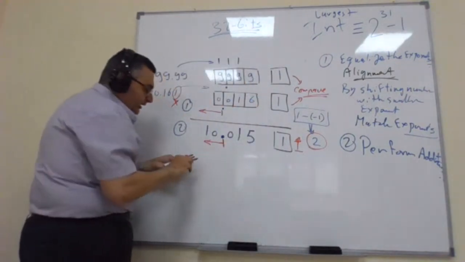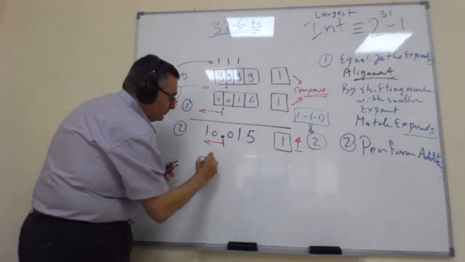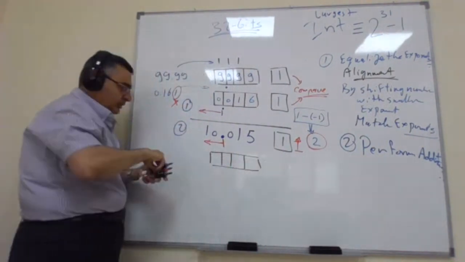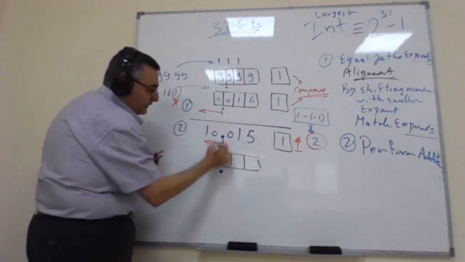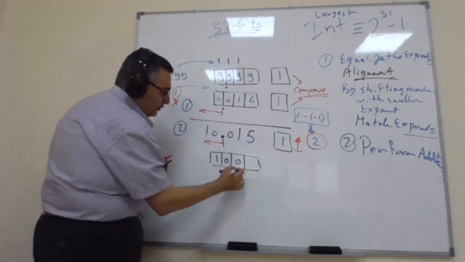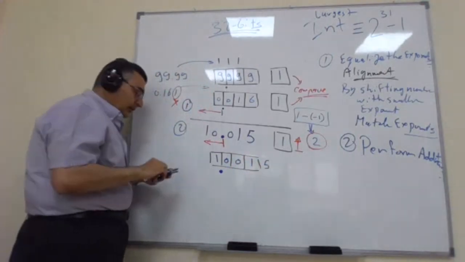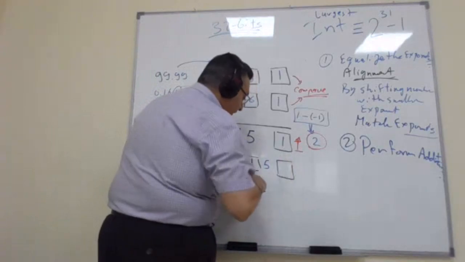So finally the number here is 1, and the point is as it is, 0 0 1, and here I have 5 that will be kicked out.